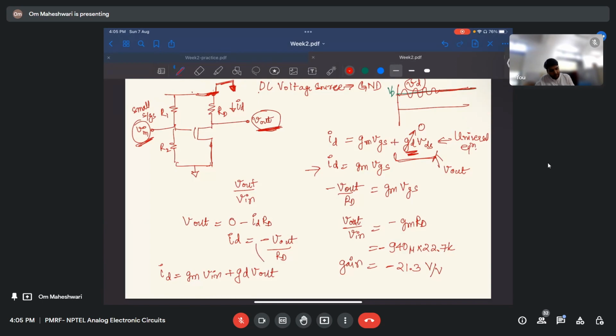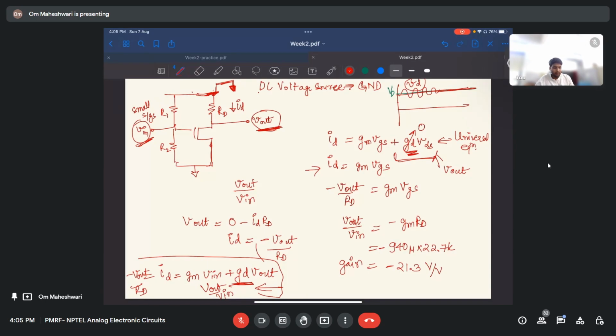If I replace this here with minus V out by RD, I can still solve it linearly and get V out by V in. So some mathematical formulation will change, but you can still get V out by V in. It won't matter if GD is zero or not.